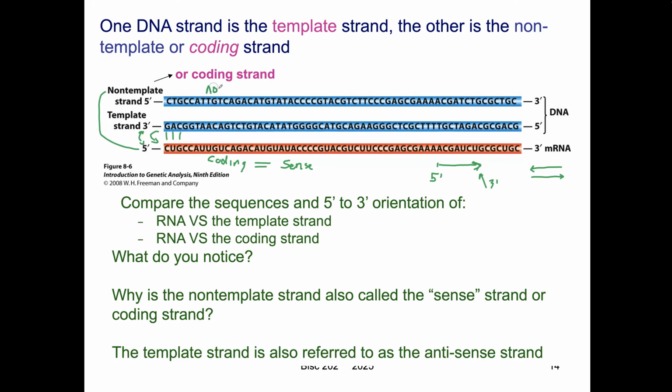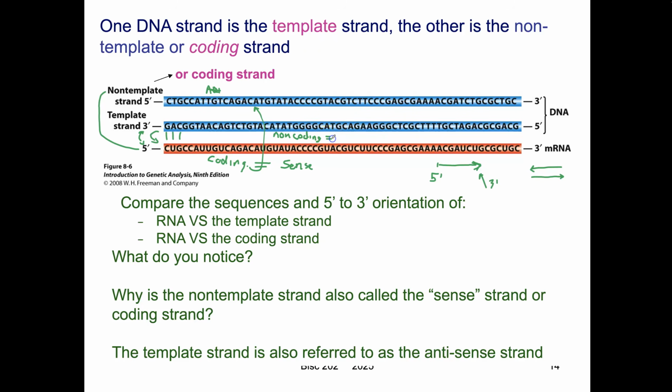Non-coding, or sorry, coding and sense is this. Non-coding is this. It does have the amino acid information if you reverse complement it, but basically this is the DNA that was the template strand.